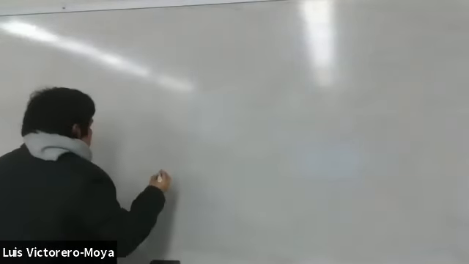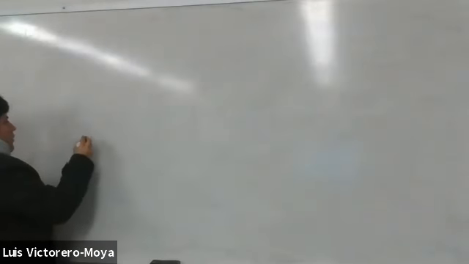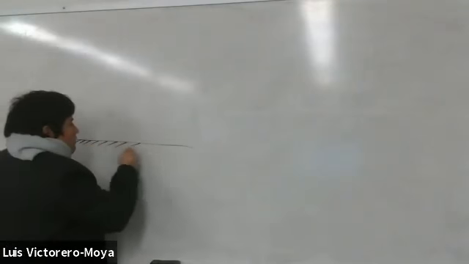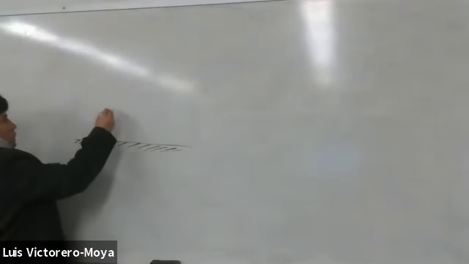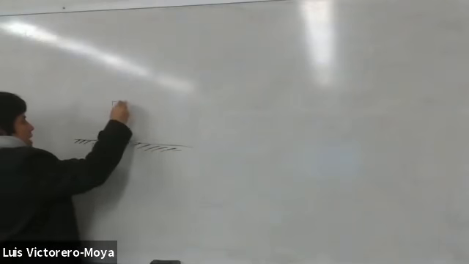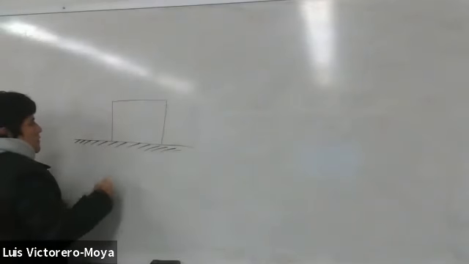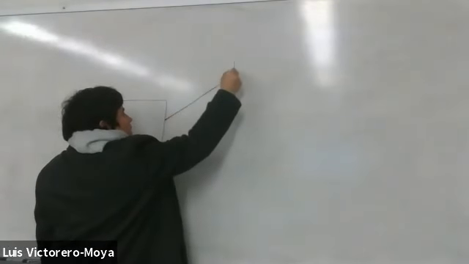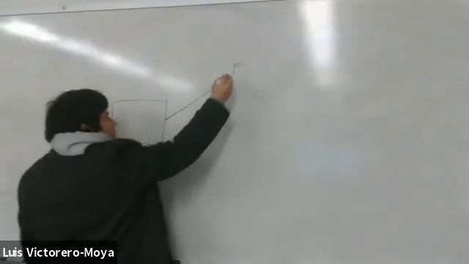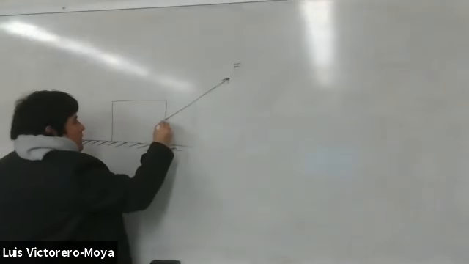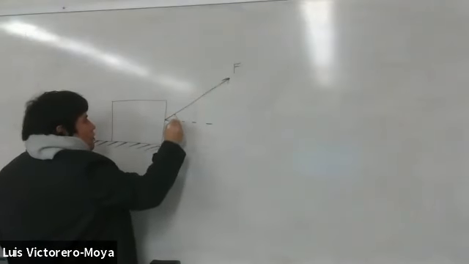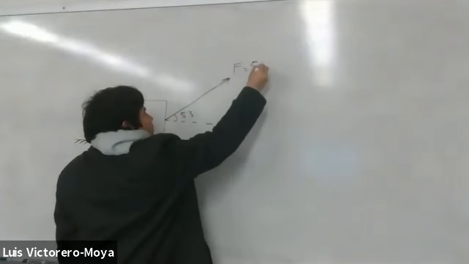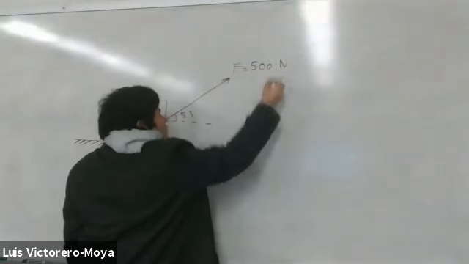Actually, before we do that, let's show you another example that I always give students. You can have on the floor a body with mass, say, we'll see. But I'm going to give you a force acting like that, at an angle of 50 degrees. This force is 500 newtons.